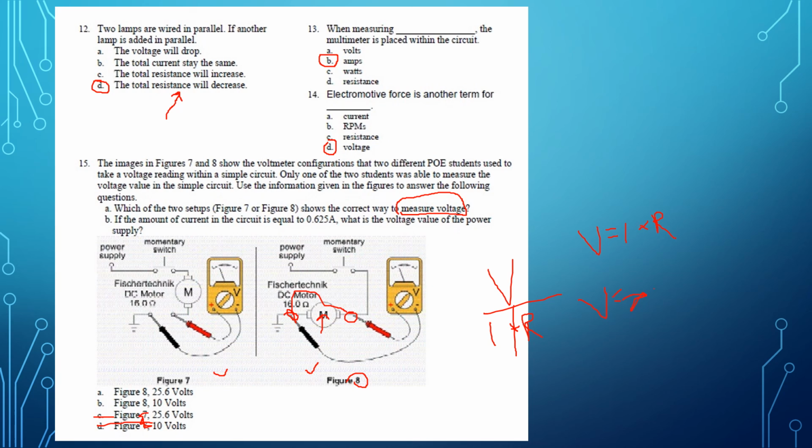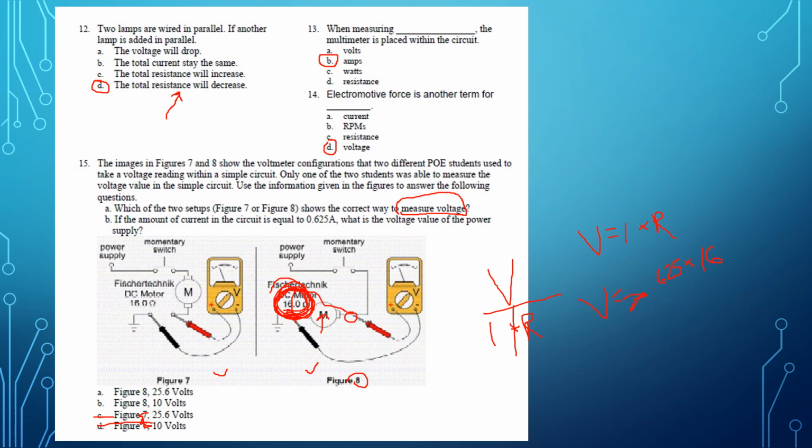0.625. Don't make fun of my drawings. And then multiply that by a resistance. And we're looking for a resistance up here of 16 ohms. So you've got to look at your drawing and find your resistance.